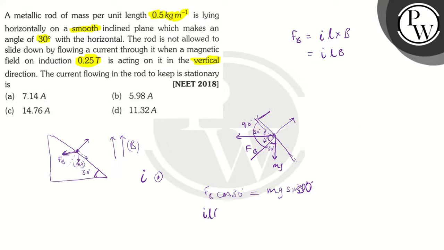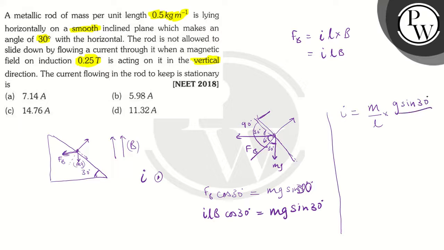We will get ILB cos 30 is going to be equal to mg sin 30. ठीक है बच्चों, on rearranging these terms we can get I is equal to nothing but m by L multiplied by g sin 30 divided by B cos 30.